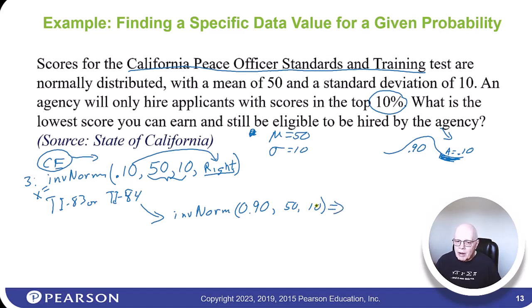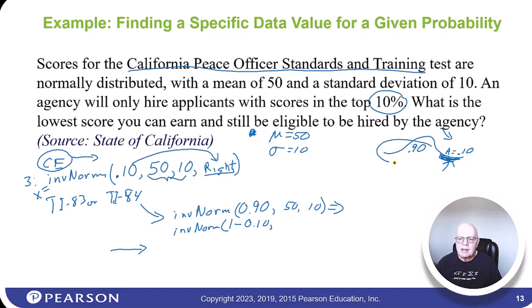There is one other way of doing it too. I don't want to confuse you, but just in case this hits you, since this is 0.10, and that's not really what you want, what you can do is inverse norm, and put 1 minus 0.10 because you're talking about what's left.